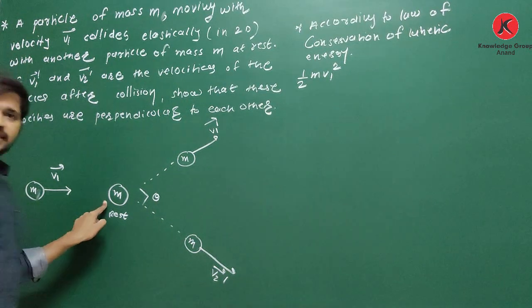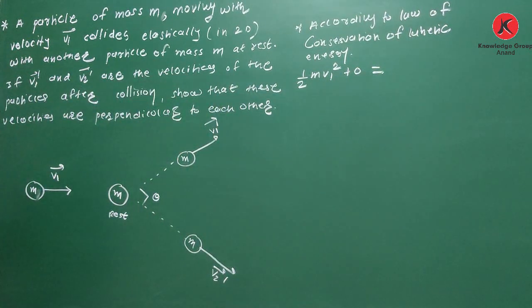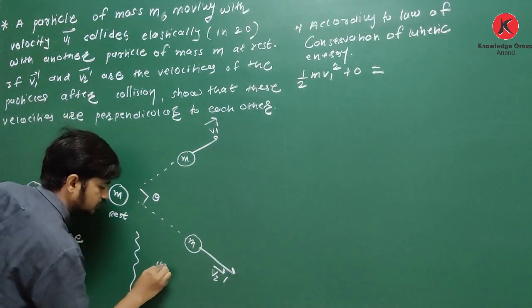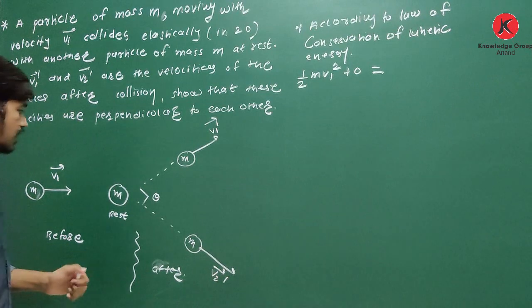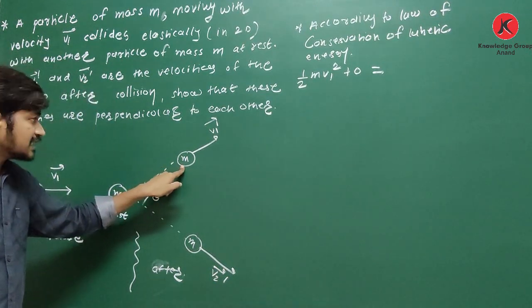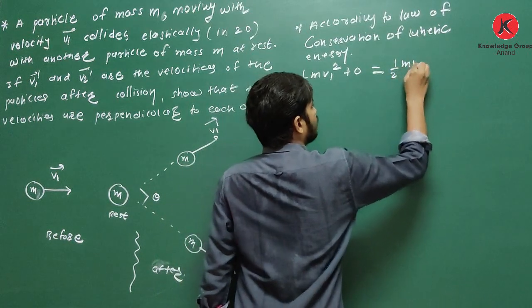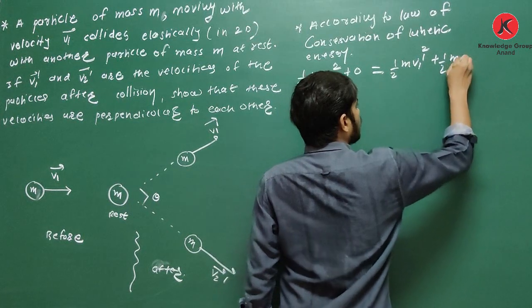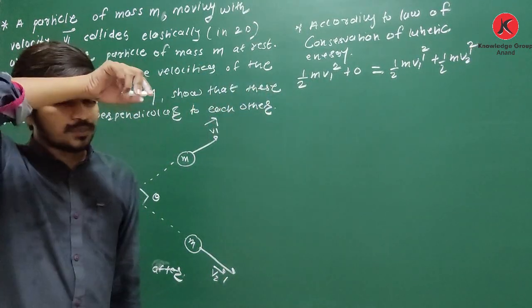This object is at rest, so it is plus 0. After collision, this object having mass m is moving with velocity v1 dash, so it is half m v1 dash square plus half m v2 dash square. Clear about this? Simple? Yes.